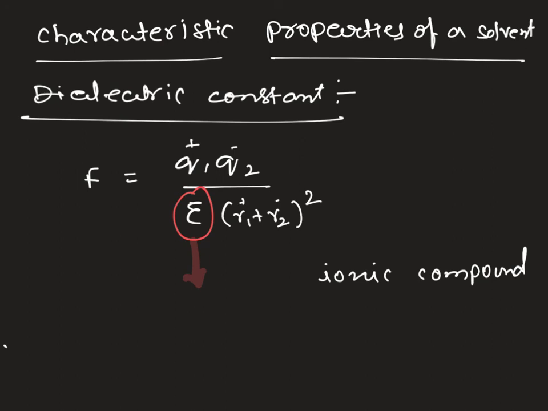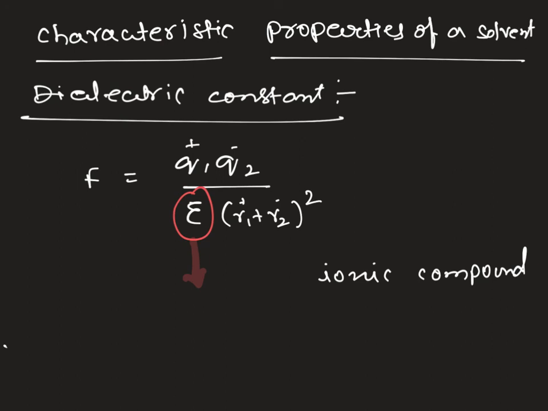So whenever we select a particular solvent, we look at its dielectric constant to decide whether ionic compounds are soluble or not. In the types of solvents we also discussed ionizing and non-ionizing. Ionizing solvents have a high dielectric constant, that's why we call them polar solvents. Whenever polar solvents are there, most of the time ionic compounds can be soluble in them.